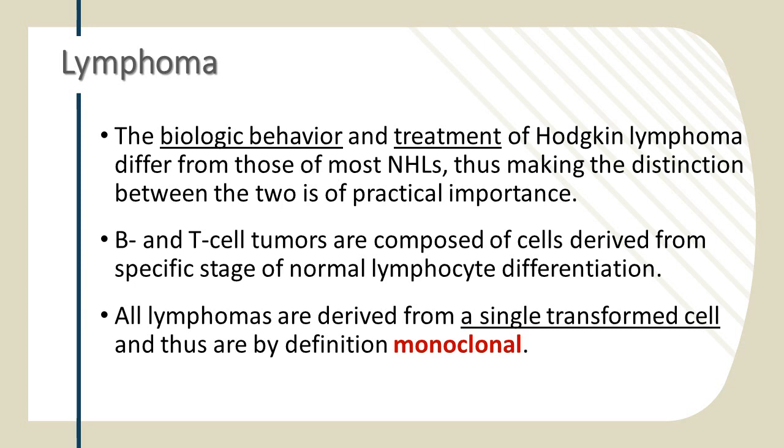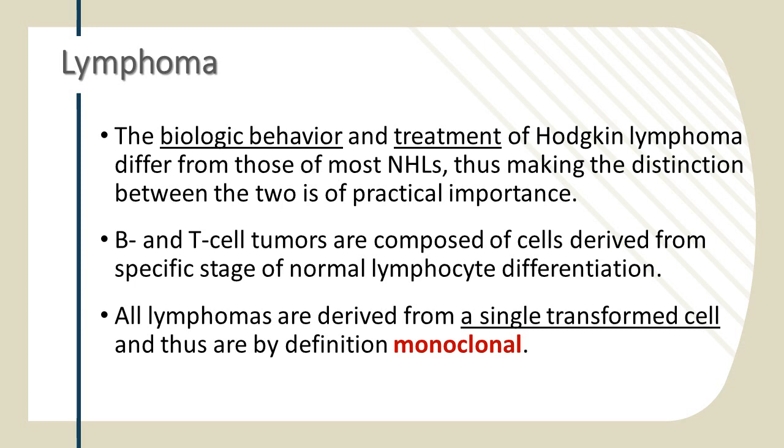The diagnosis and classification of these tumors rely heavily on tests, either immunohistochemistry or flow cytometry, that detect lineage-specific antigens, for example B cell, T cell, and natural killer cell markers, as well as markers of maturity.